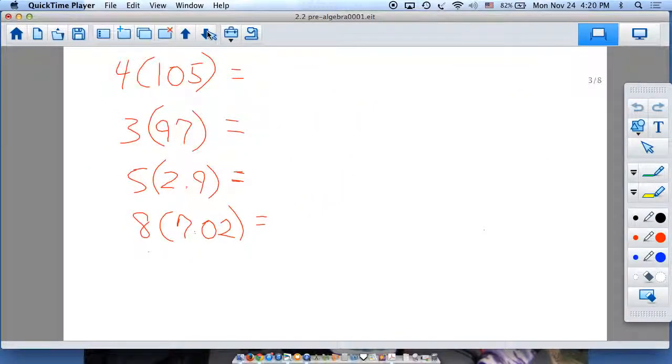Now, we can also use the distributive property to make our problems easier. For example, 4 times 105, I can multiply as 4 times 100 plus 4 times 5 to get us our answer of 420 very easily.